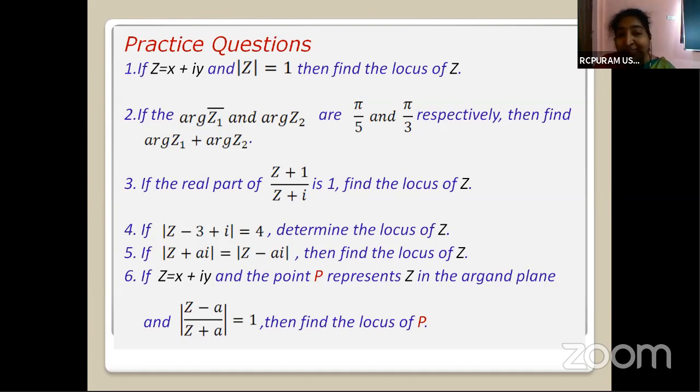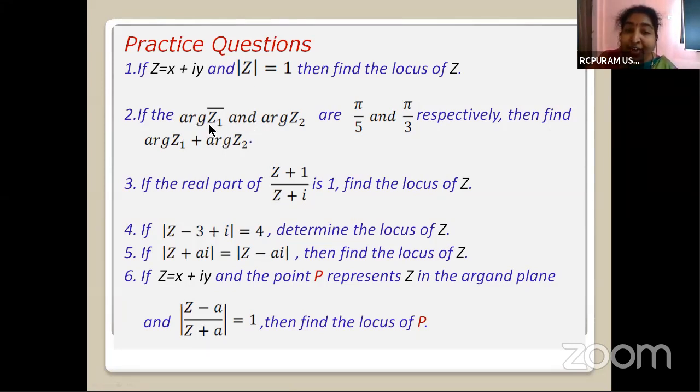Now, the next question is: argument of Z1 bar and argument of Z2 are pi by 5 and pi by 3. We have discussed the formulae related with the argument of Z1 and argument of Z2. Just apply that. When you have Z1 as a complex number, if theta is the argument of the complex number, then the argument of its conjugate will be minus theta.